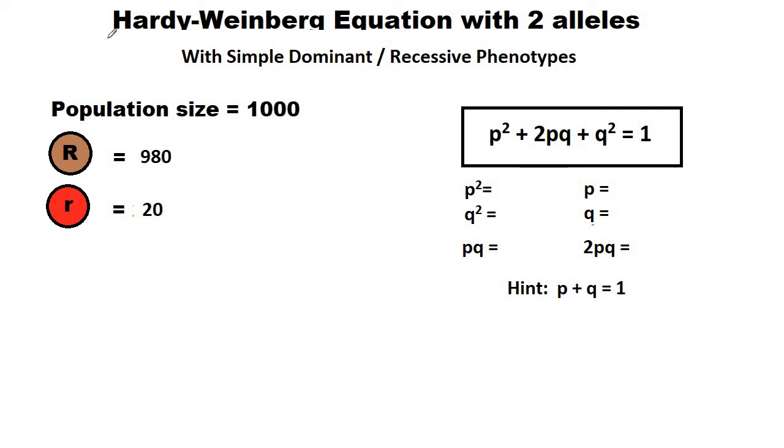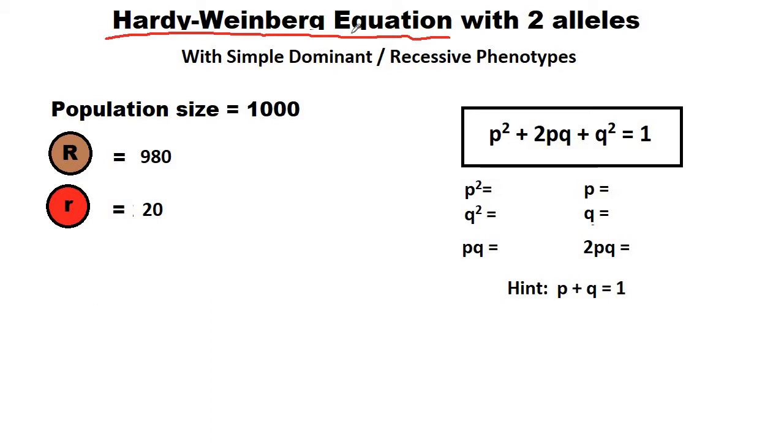Okay, so today we're going to be talking about the Hardy-Weinberg equation, which is a really useful equation in population genetics for determining allele frequencies within a population.